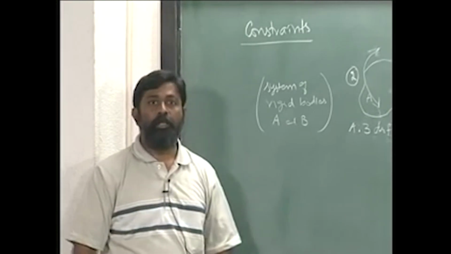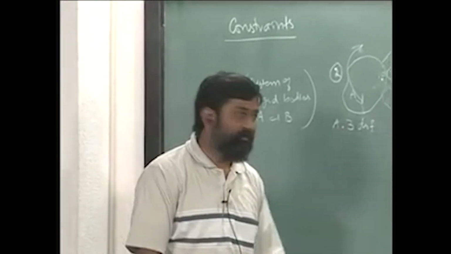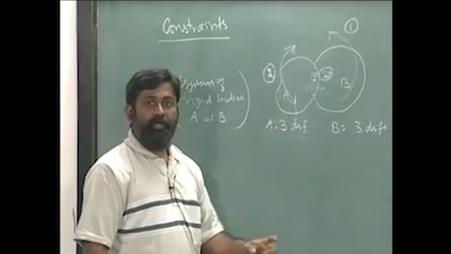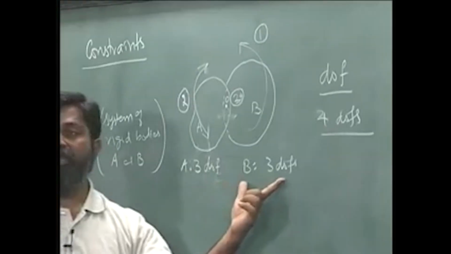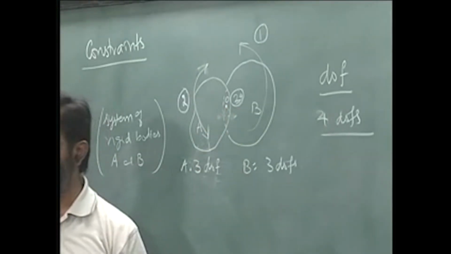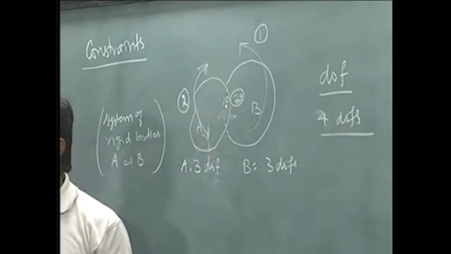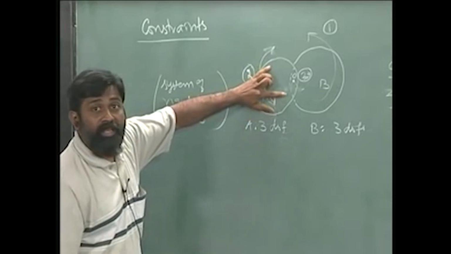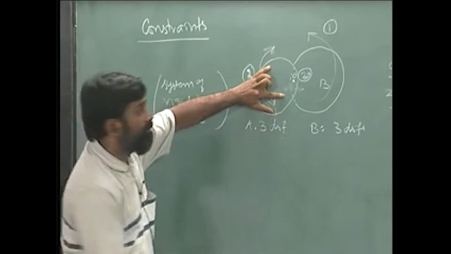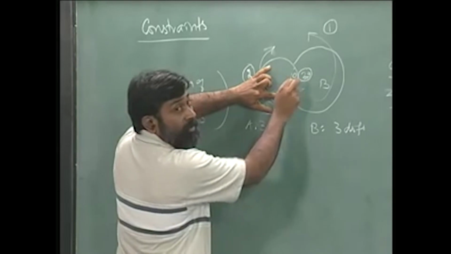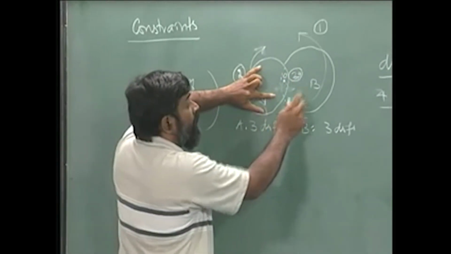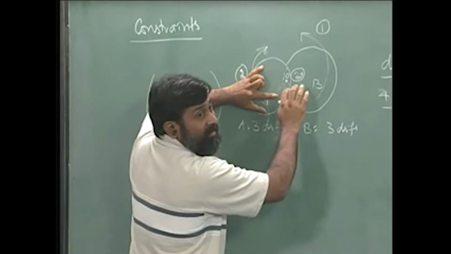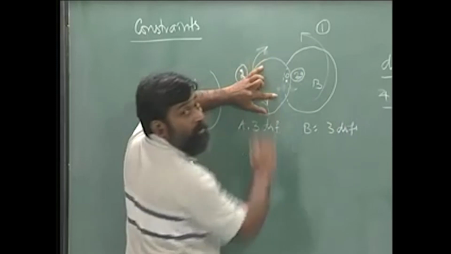One other way of understanding is this: body A can go through 3 degrees of freedom independently, B can go through 3 degrees of freedom independently. If this constraint were not there... what does this constraint do? Supposing I fix this body A to the fixed frame of reference, then this particular point arrests the motion of this body from translating at this point O in x or y direction.